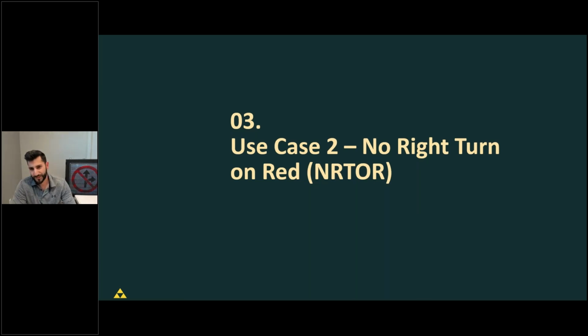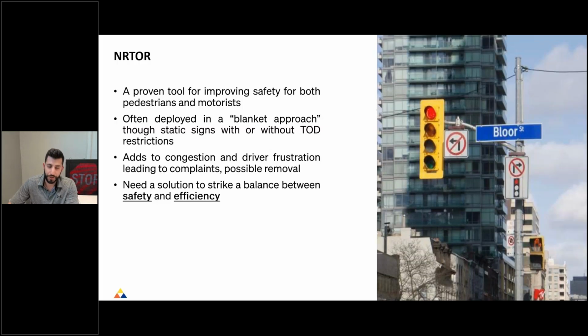The second case, and this is the really interesting case, something we've been working on for years, is dynamic no right-hand turn on red. I want to start this off by introducing the concept of no right turn on red. It really is a proven tool for improving safety for both pedestrians and motorists.